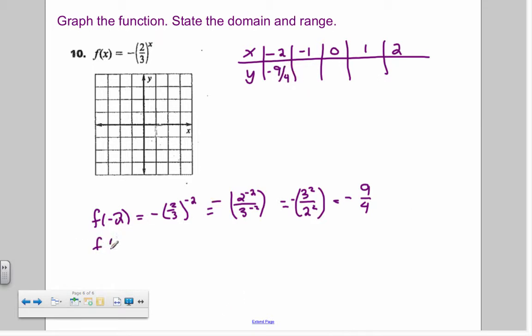If I plug in -1, I go through the same process. I apply the -1 power to each thing: 2 to the -1 over 3 to the -1. And I can simply flip, or do the reciprocals, instead of negative exponents on both. So I'm going to get -3/2.